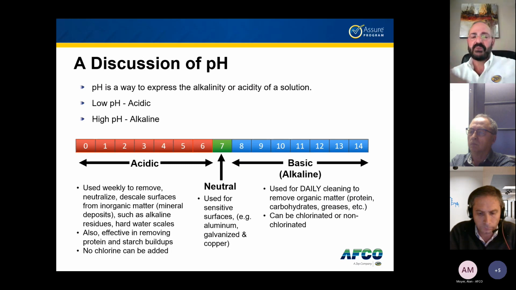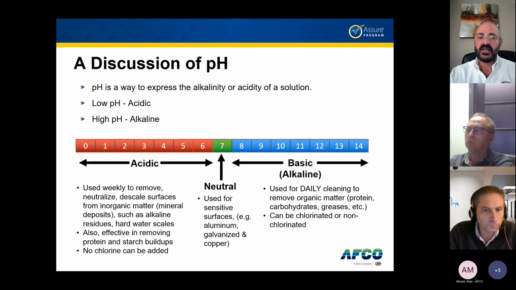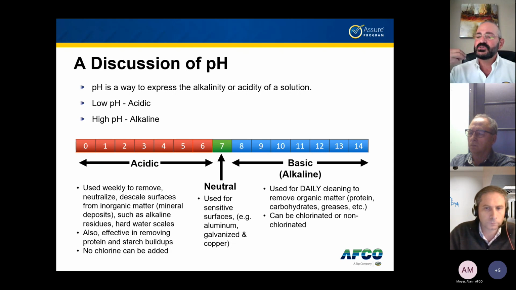So anything above 7 is an alkaline, and these types of detergents or chemicals are used daily to clean the surfaces, to remove organic matter from the surfaces, including carbohydrates, proteins, fats, cellulose, all kinds of things that you have on the processing equipment. What we use is alkaline detergent to remove them.